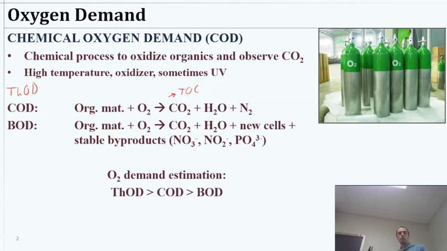You have bacteria that will take organic forms of nitrogen and ammonia and oxidize that and use that as a bit of an energy source, creating nitrite and nitrate ultimately. So all of these things can and will happen in a BOD test bottle.